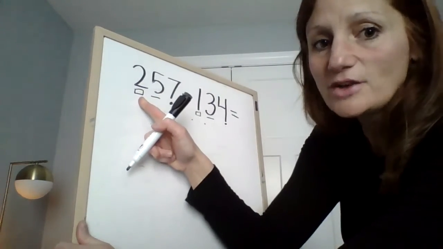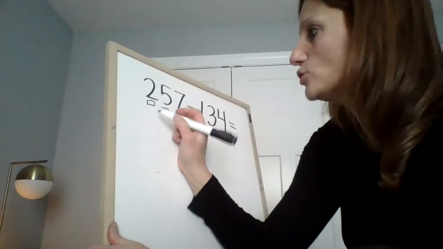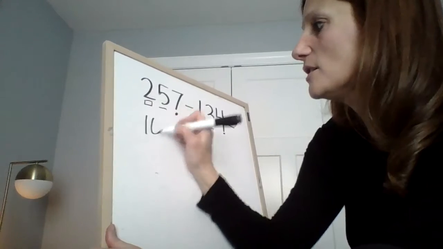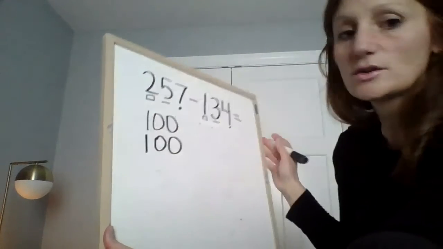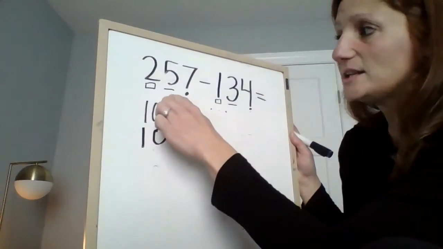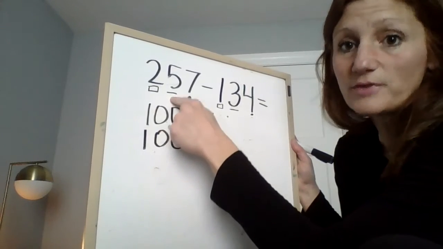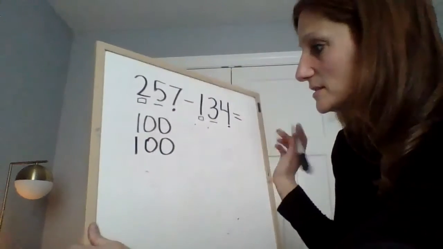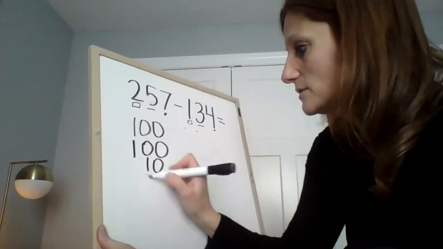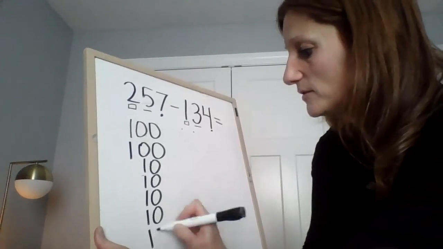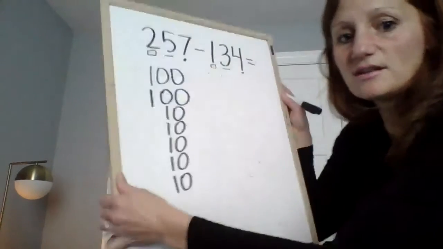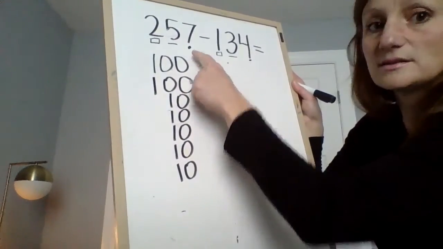So I'm going to look at my hundreds place and I know that I need to make 2 hundreds. So here's 100 and here's another 100. So there's 200. Now we need to make this 50 part, and 50 is 5 tens. So 10, 20, 30, 40, 50. And then we still have to put our ones.